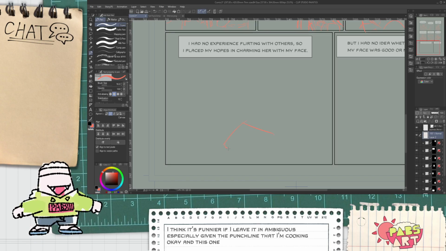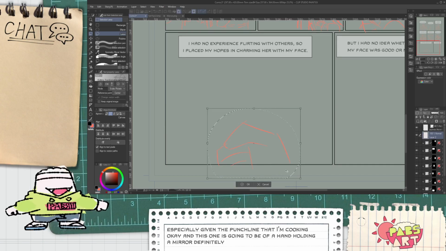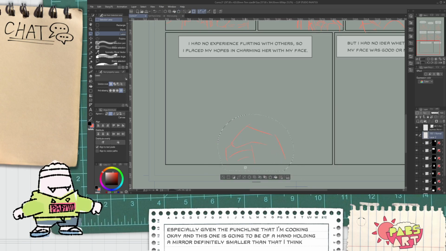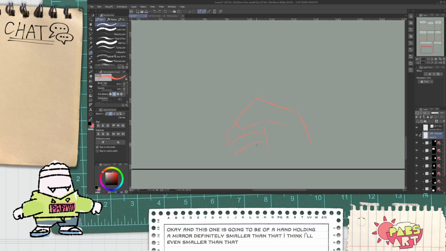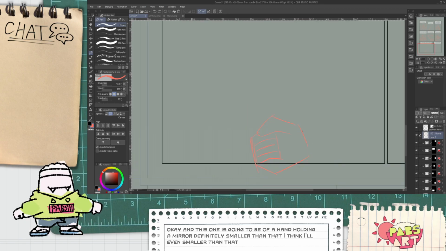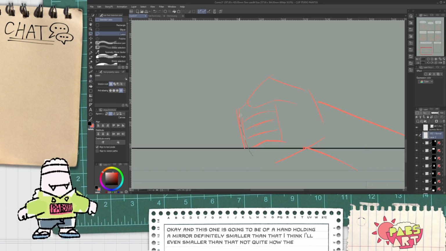Okay, and this one is going to be of a hand holding a mirror. Definitely smaller than that, I think. Probably even smaller than that. Not quite how the perspective is supposed to work, I think.